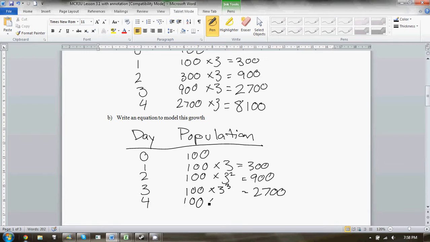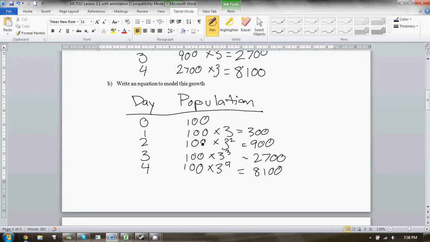And 100 multiplied by 3 to the power of 4 is equal to 8100. So if I were to devise an equation to represent this growth, it would be: the population for the number of days, n, is equal to 100 multiplied by 3 to the power of n, the number of days.